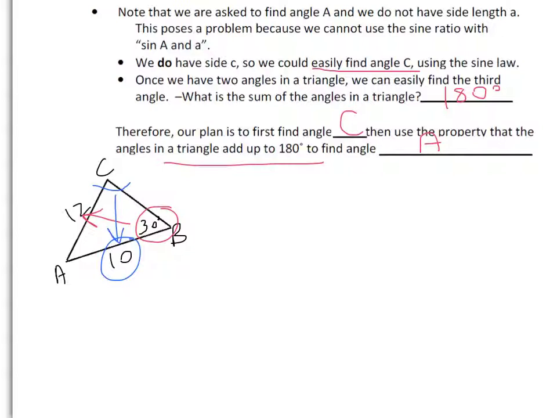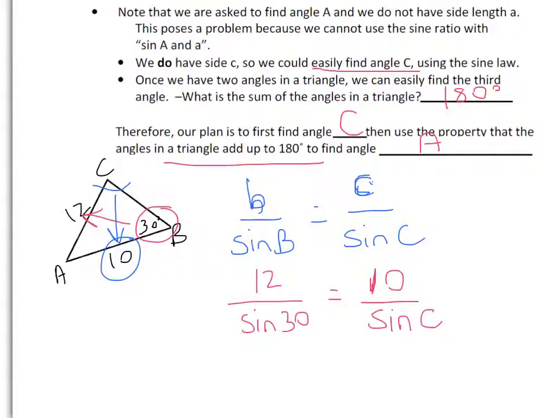So the sine law becomes B over sine B equals C over sine C. Now we just plug the numbers in, and we get 12 over sine 30 is 10 over sine C. Now again, we can just cross multiply.